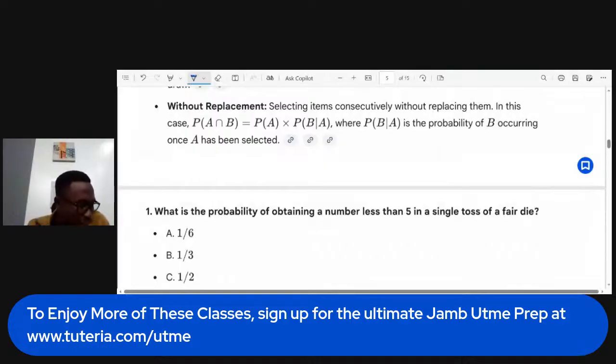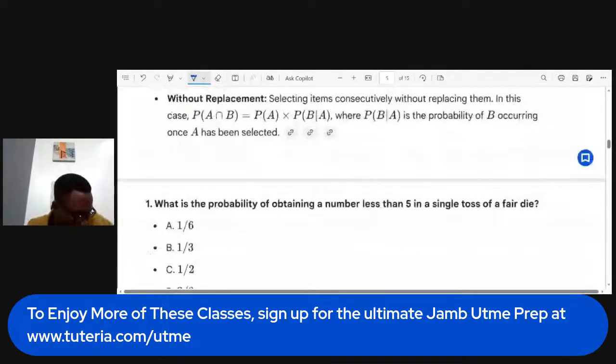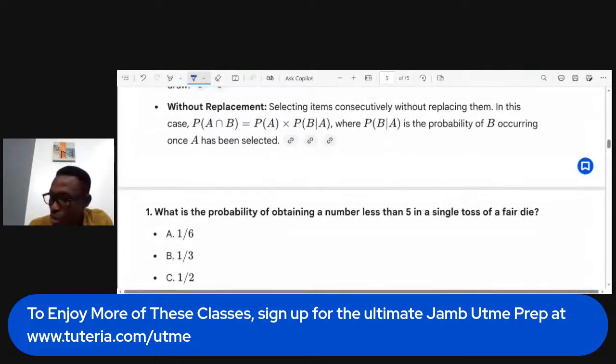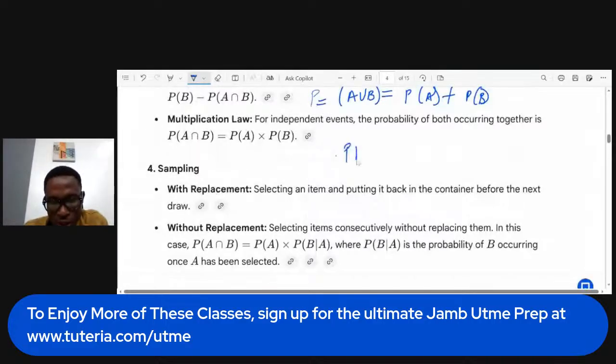Let me write it down: letters in the word probability.